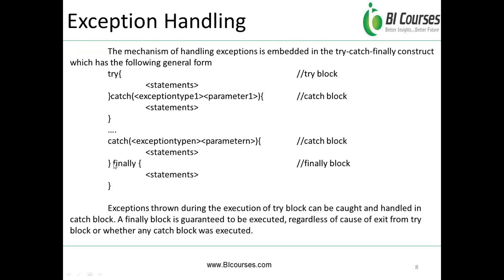Afterwards, the finally block will be executed. Even if none of the catch blocks are executed, because we don't have an appropriate handling catch block, even in that case the finally block will be executed.